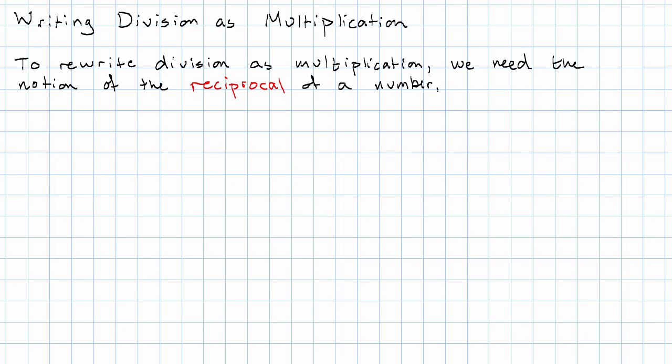In order to rewrite division as multiplication, however, we need the notion of the reciprocal of a number.